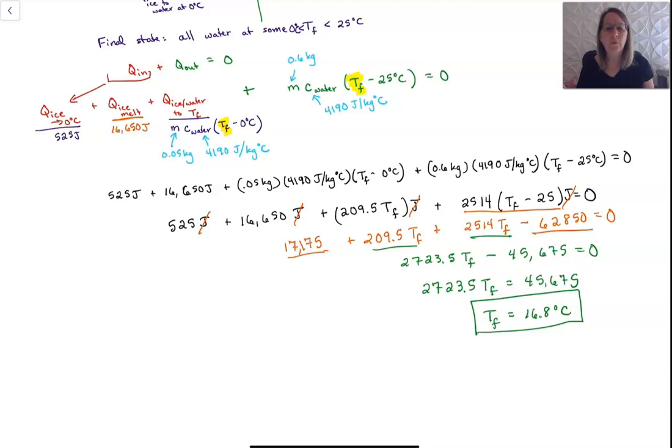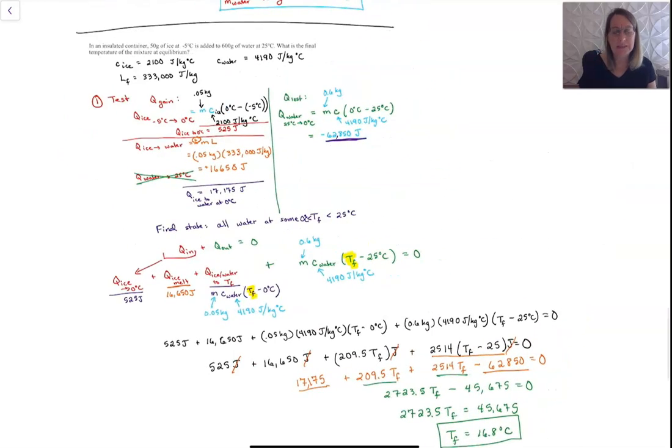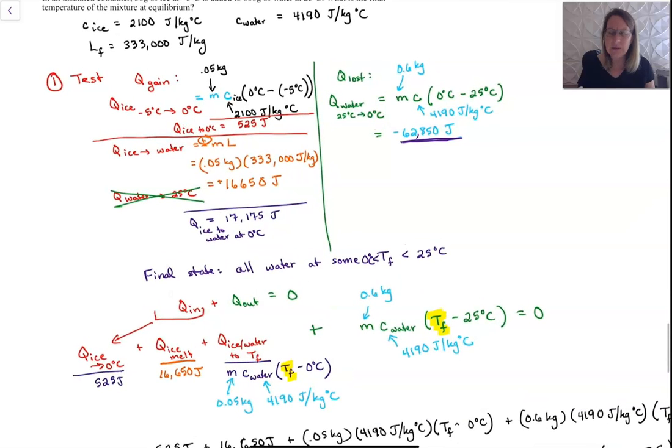Okay, so I wrote out the algebra in a lot of steps just to remind you of how this algebra works. But the point here is that we tested it. We followed our steps. We tested to see what our final state was. Once we found that our final state is all water at some temperature in between these two, step 2 is to reapply this Q in plus Q out with our unknown.